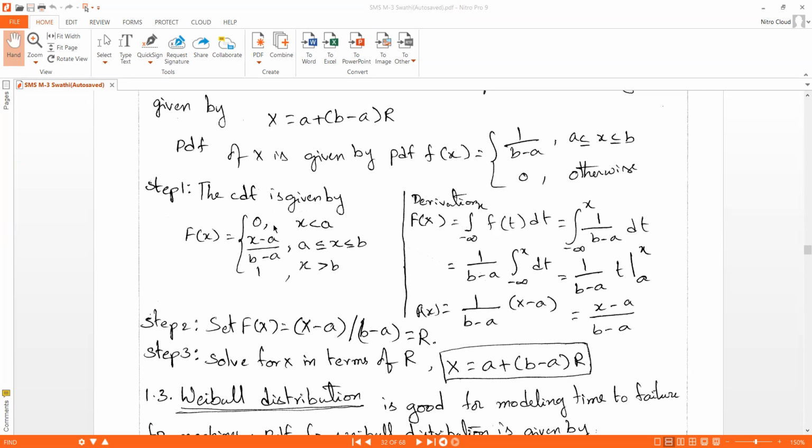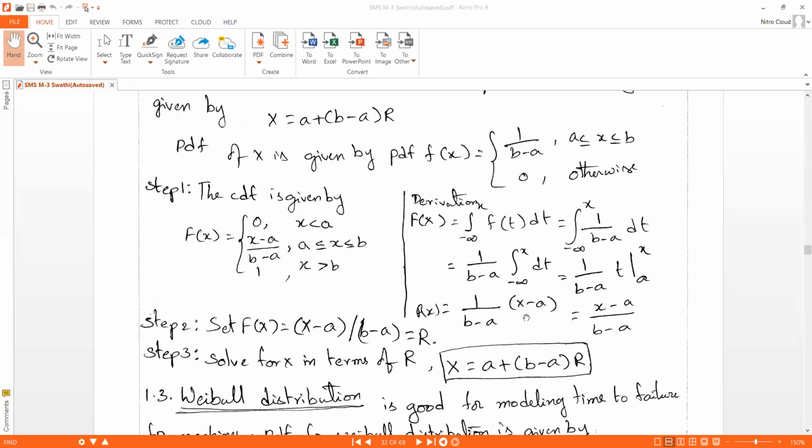And the same thing we have derived here. F of x equal to integral from minus infinity to x of f of t dt, which is equal to integral from minus infinity to x of 1 by b minus a dt. Here we are substituting f of t value 1 by b minus a.